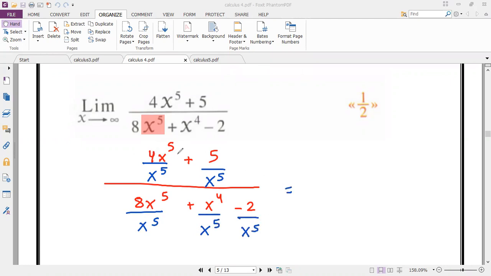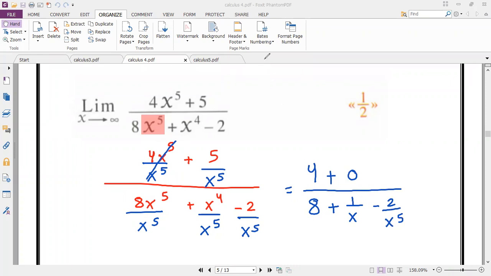So x to the power of 5 divided by x to the power of 5 equals 1, plus 5 over x to the power of 5, which as x tends to infinity is 0, divided by 8x to the power of 5 divided by x to the power of 5 equals 8, then plus x to the power of 4 divided by x to the power of 5, which is 1 over x, and minus 2 over x to the power of 5.